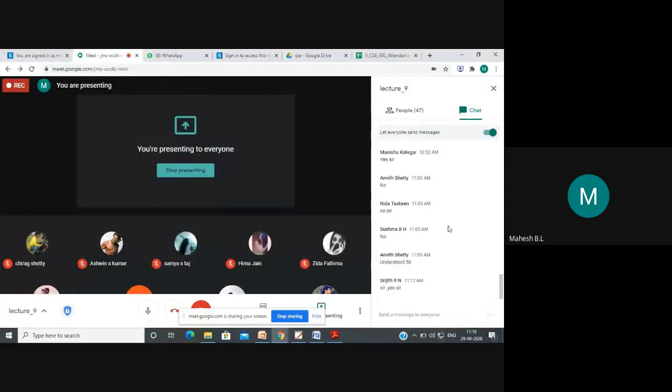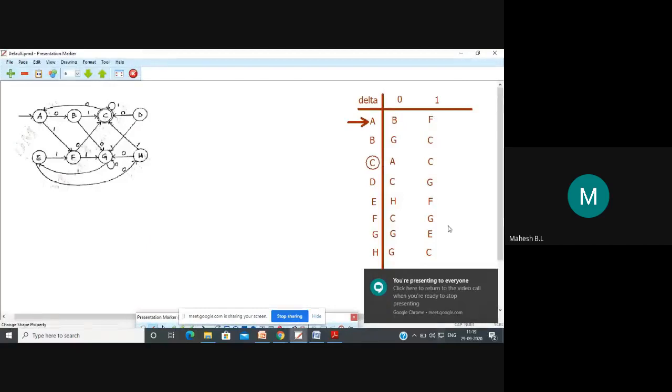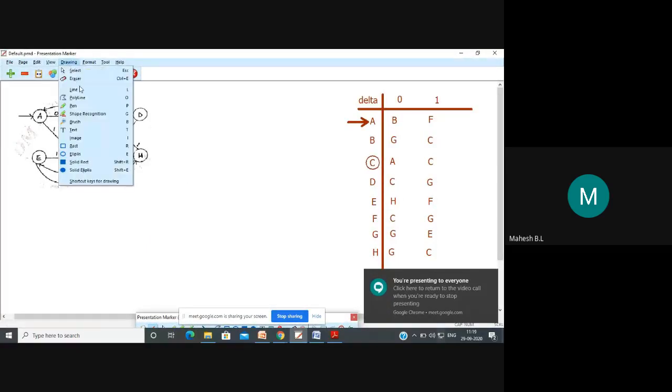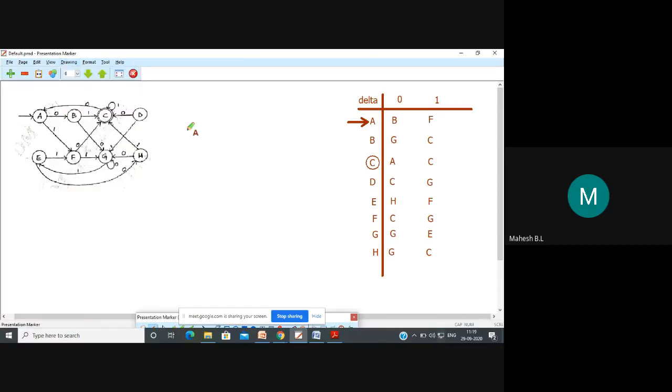Okay, so after completing this, I'll stop. Now we need to minimize this. First, the zero equivalence class.